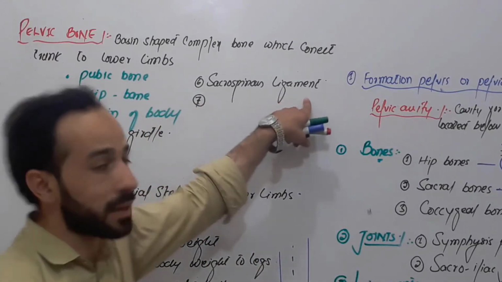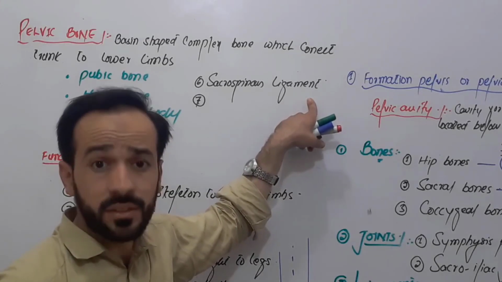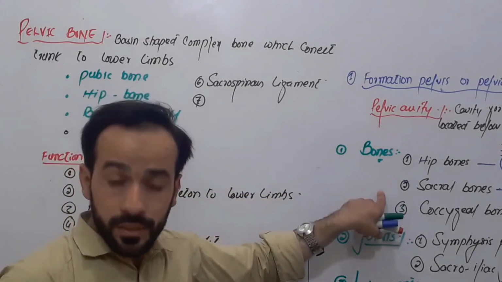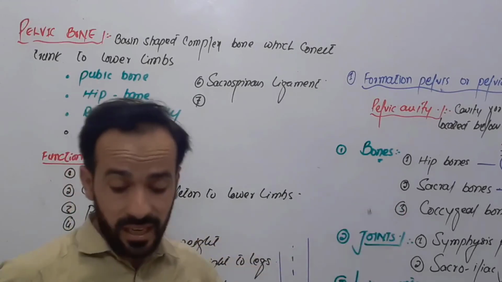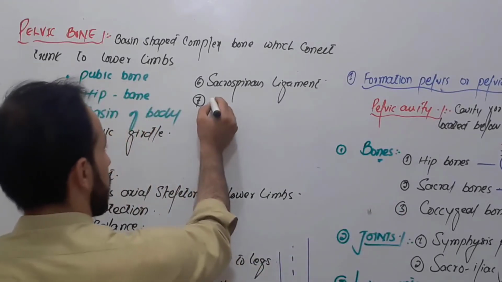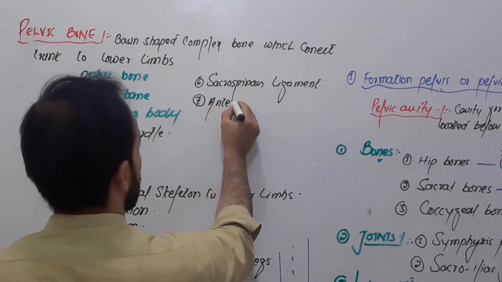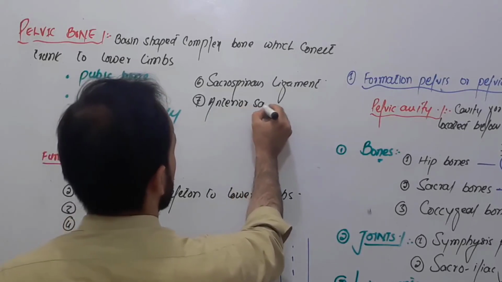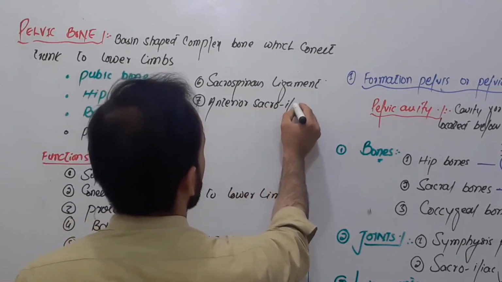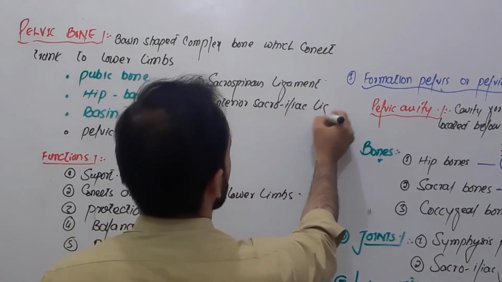The sacrospinous ligament is present in your pelvic cavity or your pelvis, and then there is the anterior sacroiliac ligament.